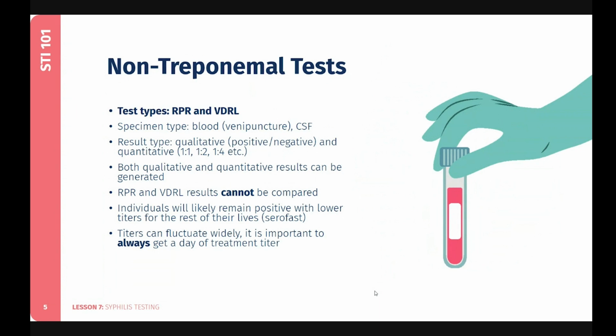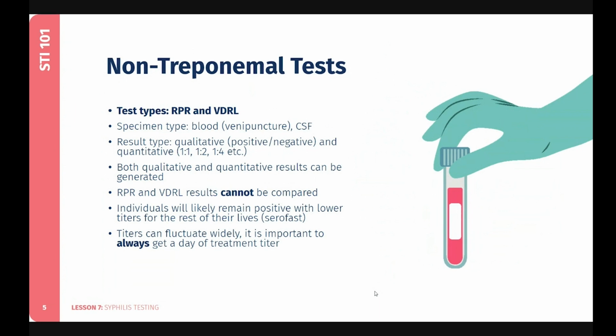Titers can fluctuate widely, so it is important to always get a day of treatment titer. Individuals will likely remain positive with lower titers for the rest of their lives. We refer to these follow-up test results as serofast. We will explore titers in more detail in the next section.